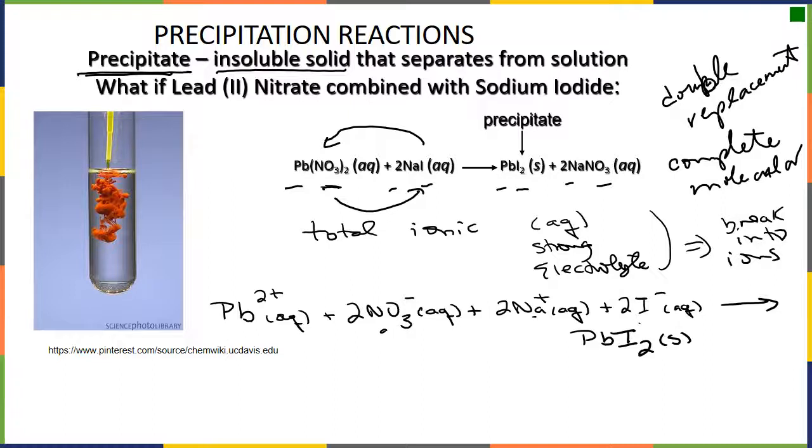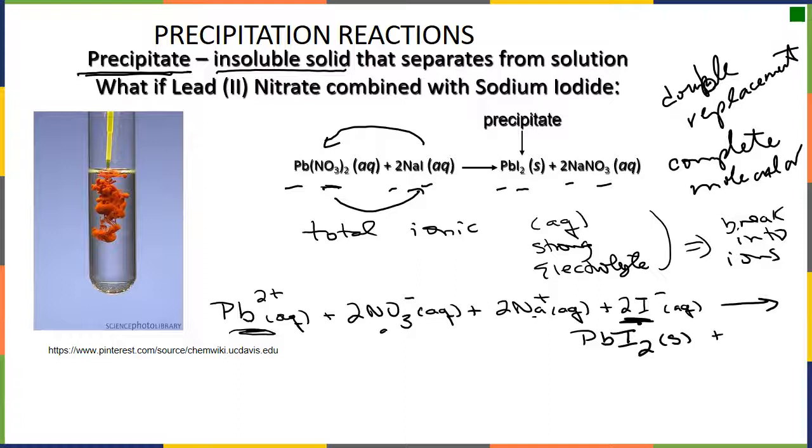Our nitrate is not going to stick to iodide because they're both negative. So the only thing that can happen is the lead is going to have to stick to the iodide. We're going to put it together to get the right formula, which is PbI2, and we're going to apply the solubility rules. We know that lead makes insoluble compounds with chloride, bromide, and iodide. So this is going to be an S, insoluble.